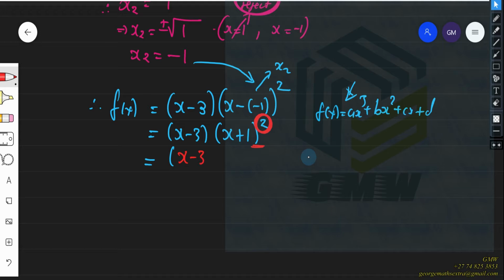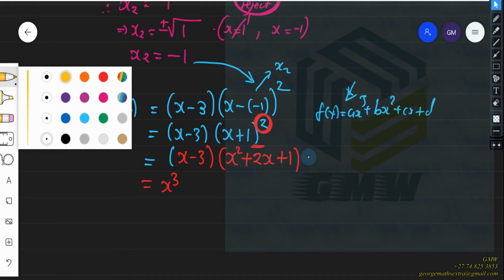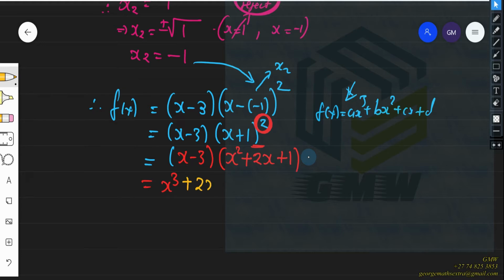So it means expand. Here, if you expand this, you have x squared plus x times 1, that's x, 1 times x, you get x again, so you have 2x, then plus 1. Now after this, I expand everything, I multiply everything by x first. I have x cubed plus 2x squared plus x minus 3x squared minus 6x minus 3.